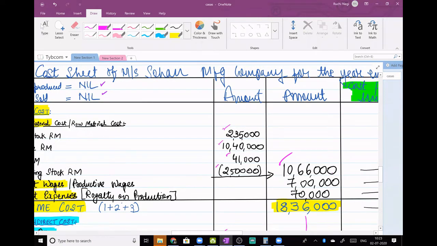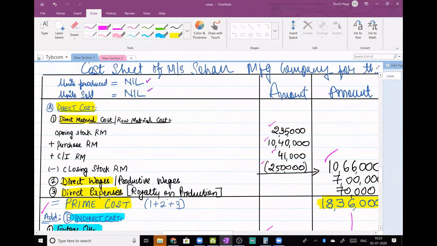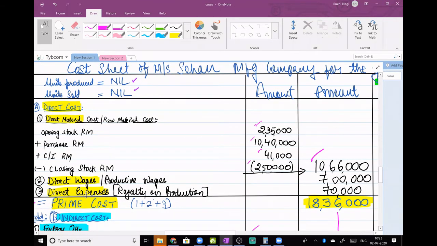Next, direct wages, also known as productive wages. There are no adjustments to it, so directly write in the outer column, 7 lakhs. Then direct expenses, that is royalty on production. Again, no adjustment, directly write it in the outer column, 70,000.